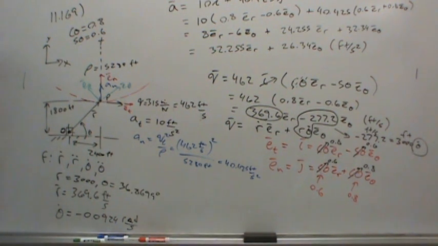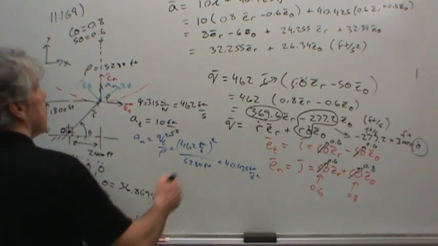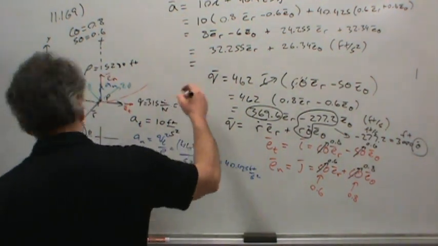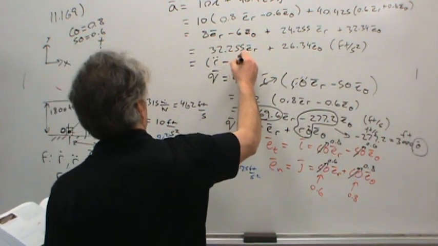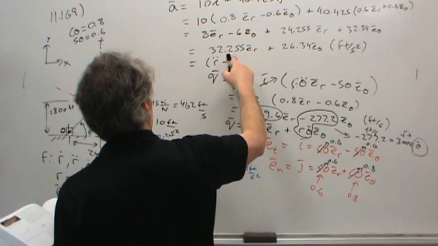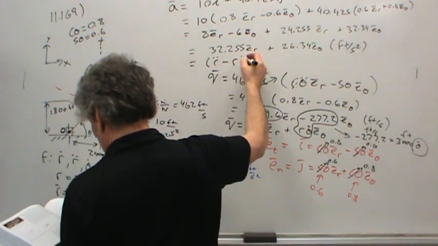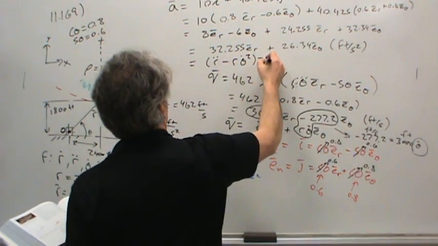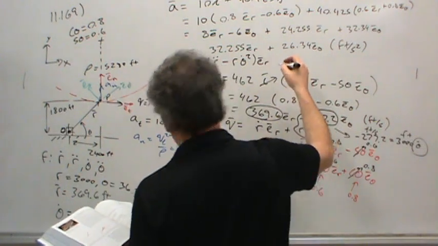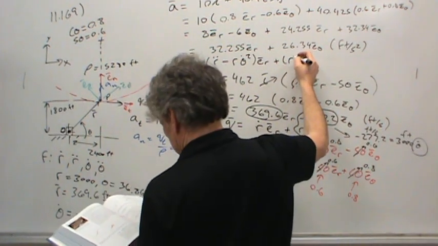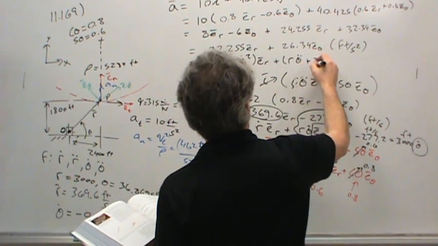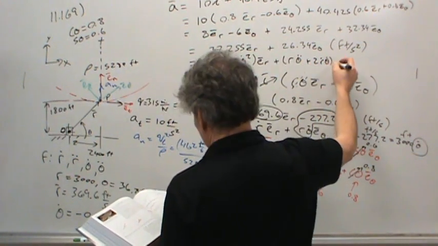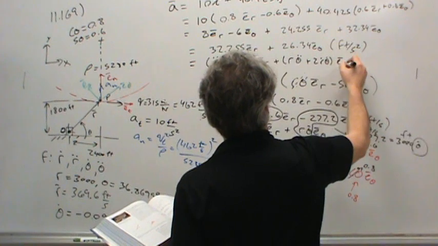Why would we bother with that? Well, because of equation 1146. So this is the same thing as R double dot minus R theta dot squared ER plus R theta double dot plus 2 R dot theta dot in the transverse direction.